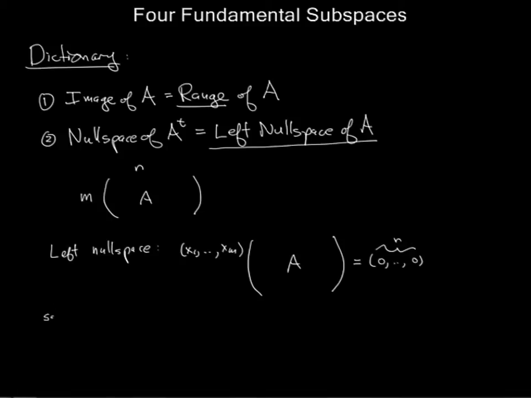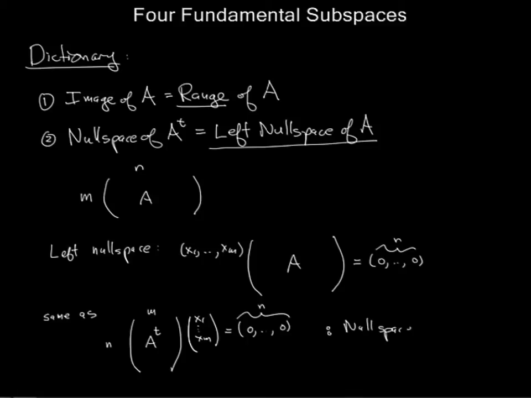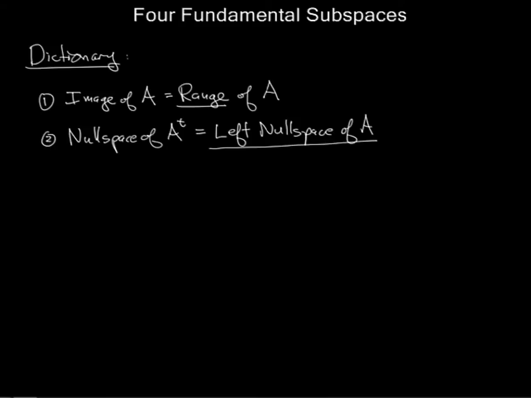So that's the left null space of A. But if you think about it for a second, that's just the same thing if you take the transpose. That's where you'd multiply on the right and get the 0 vector. So the left null space of A is exactly the same thing as the ordinary or right null space of the transpose.